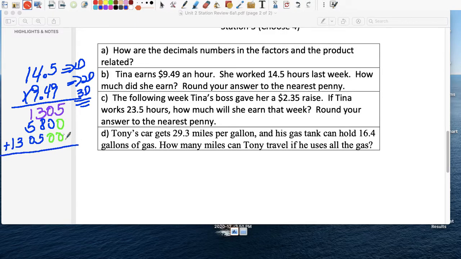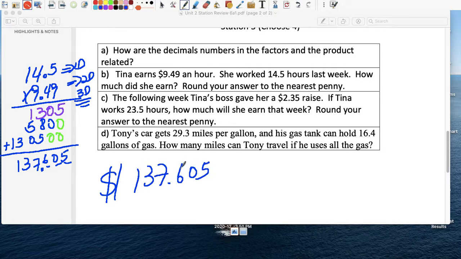Let's add this up. 5, 0, 16, 7, 13. Now, our answer should have 3 decimal places. So it's going to be 1, 2, 3. So if we think about it, she'd made $137 and 0.605, 605 thousandths.